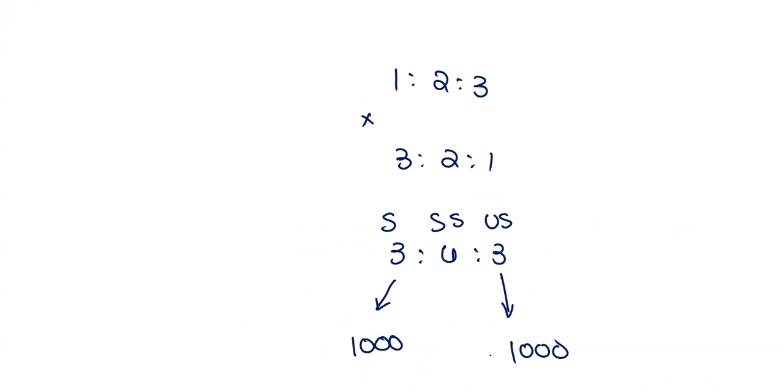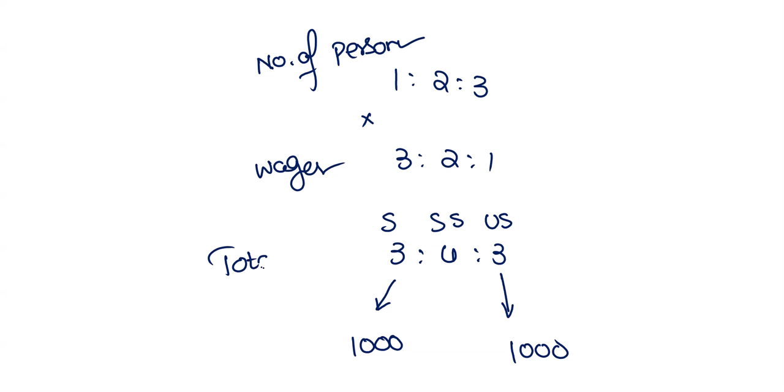Or else this is regarding total payment, total wages. Total wages is the number of persons times the per person wages, and this is the total wages ratio. Whatever total payment the unskilled persons get, the skilled persons also get the same payment.